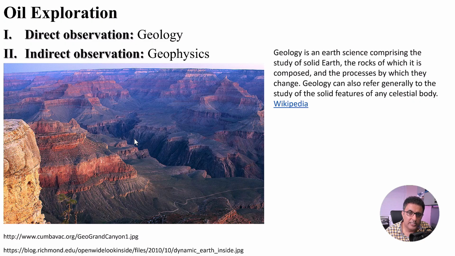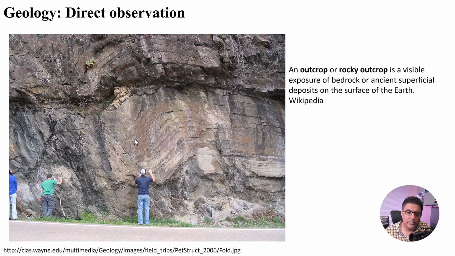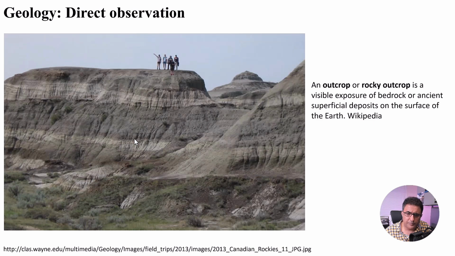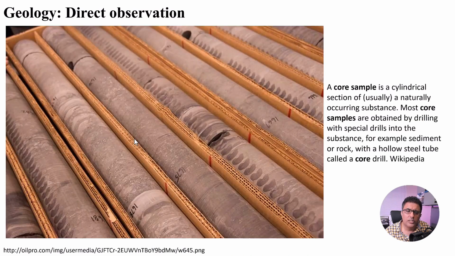To study these things, we may go to the field and just look at outcropping formations, collecting rock samples, looking at the exposed rocks. And also, we may drill some wells and then take some core samples from the well and then analyze the cores in the lab and then get more information about subsurface geology.